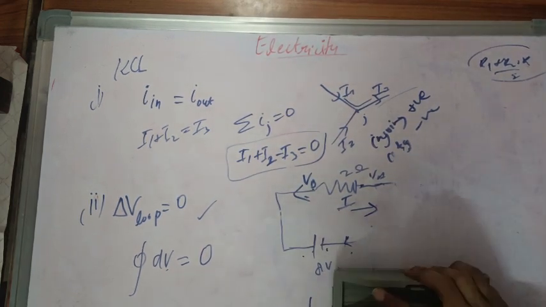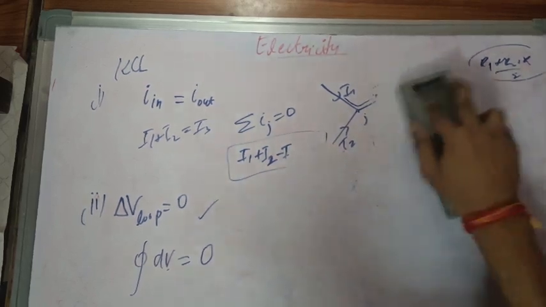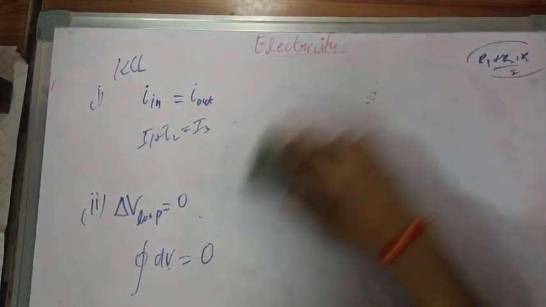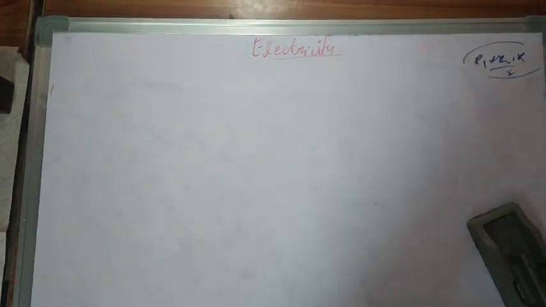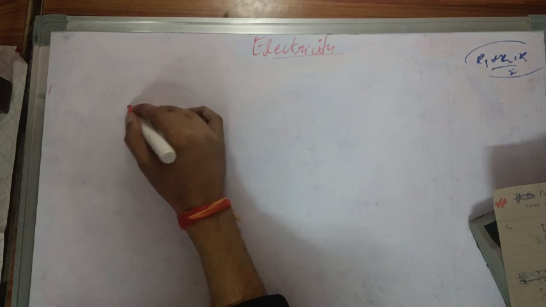And some tricks about circuits. Let's say we have 2 loops.